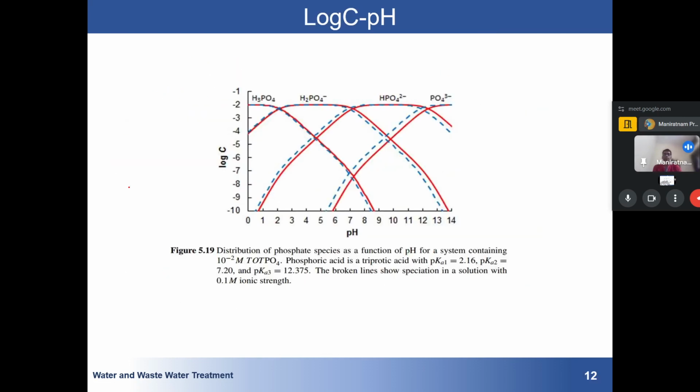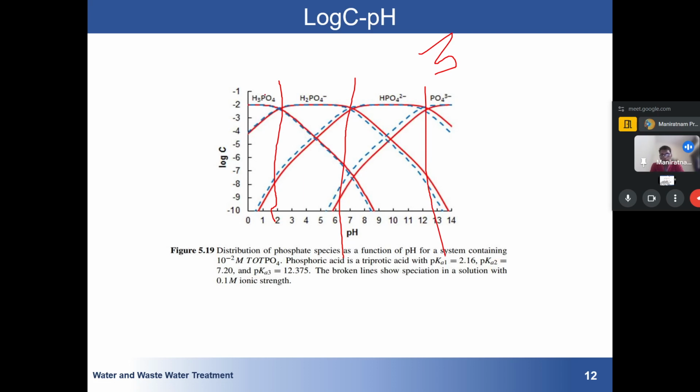Okay. Similarly, this is for phosphate, H3PO4. It is a triprotic acid, meaning it can release 3 H plus. Its first pK value is 2.16, the second pK value is 7.20, and the third is 12.35.